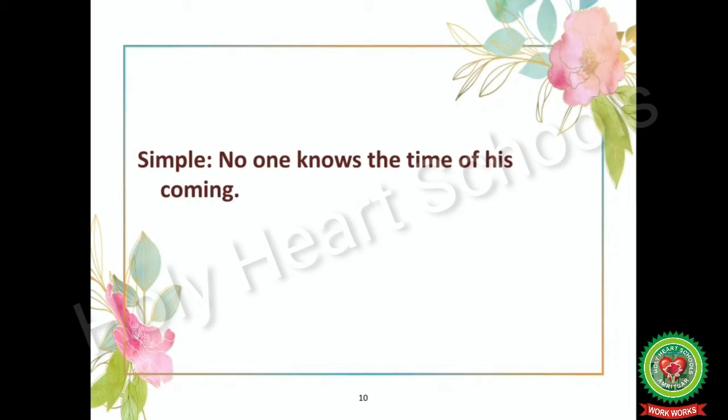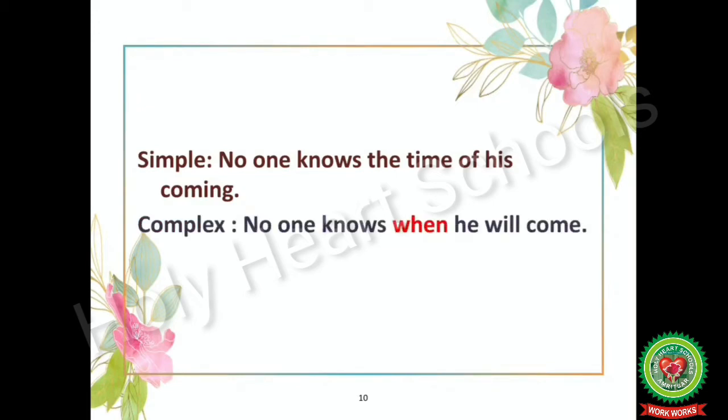No one knows the time of his coming. So what does no one know? Our answer will be no one knows when he will come. Here we have used subordinating conjunction when and two finite verbs in the sentence that are knows and come.